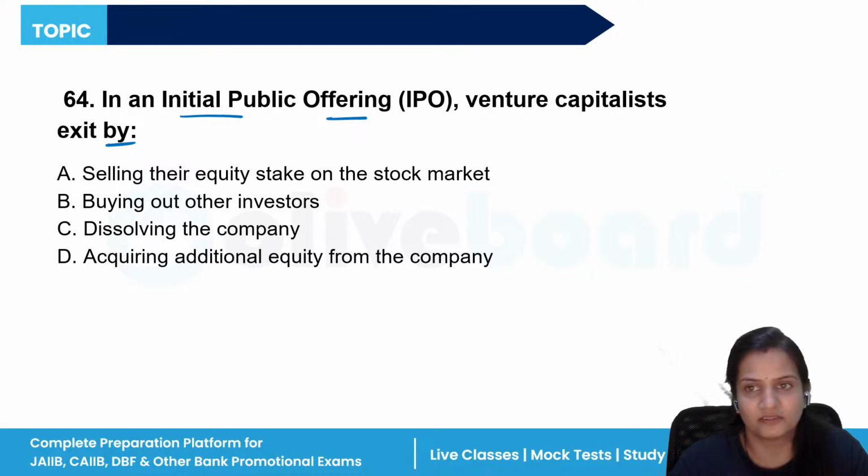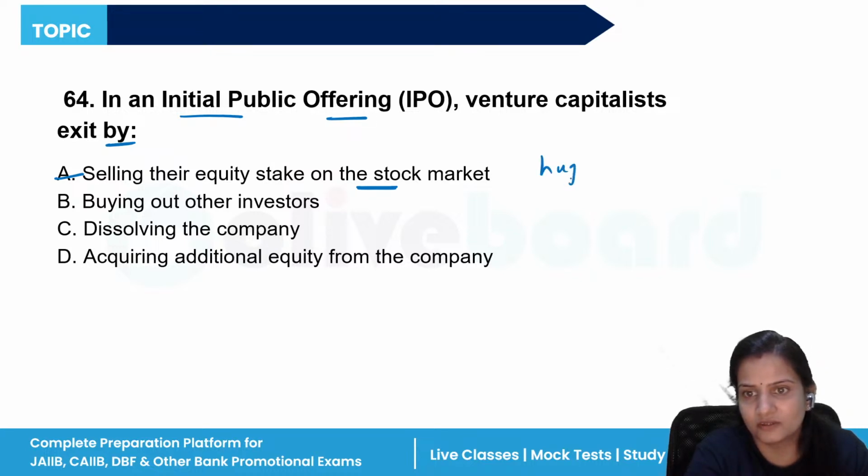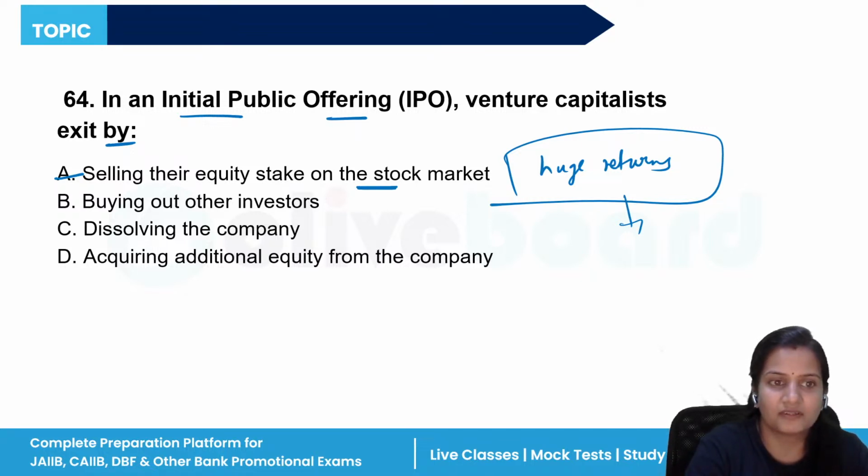If they want to exit from that company, they will sell their shares in the stock market, and from that they will earn huge returns. This is how they make a profit. Similarly, in another company they will enter, work, improve and expand the company, purchase that company, and after that they will sell their equity on the stock market. Clear? This is how they perform in every company.